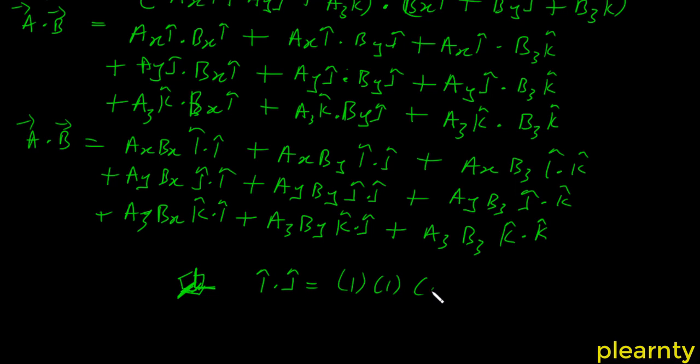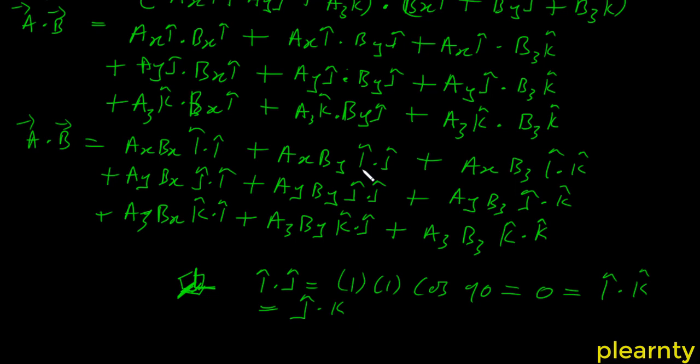So cos 90. Since cos 90 is 0, all this will be 0. And the same thing for i dot k and j dot k.